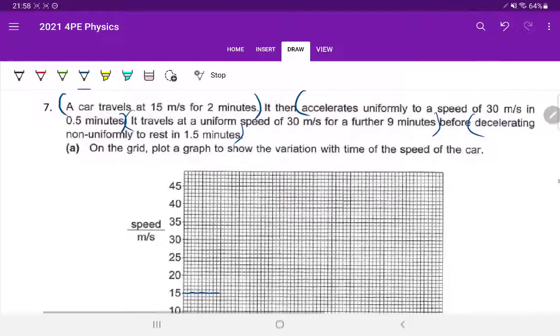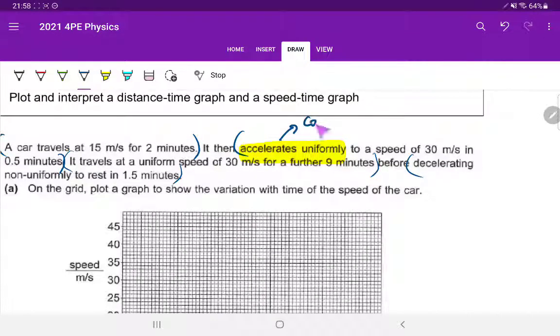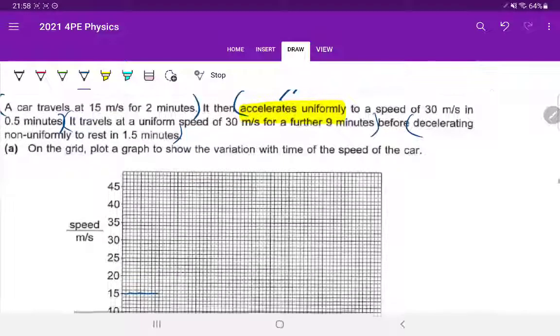What happens next? It accelerates uniformly. What does this mean? In a speed time graph, this means constant acceleration, which means constant gradient, which is constant steepness.